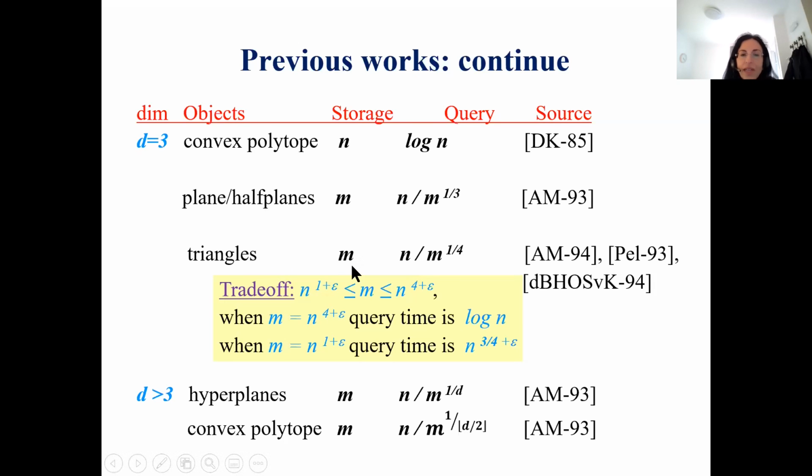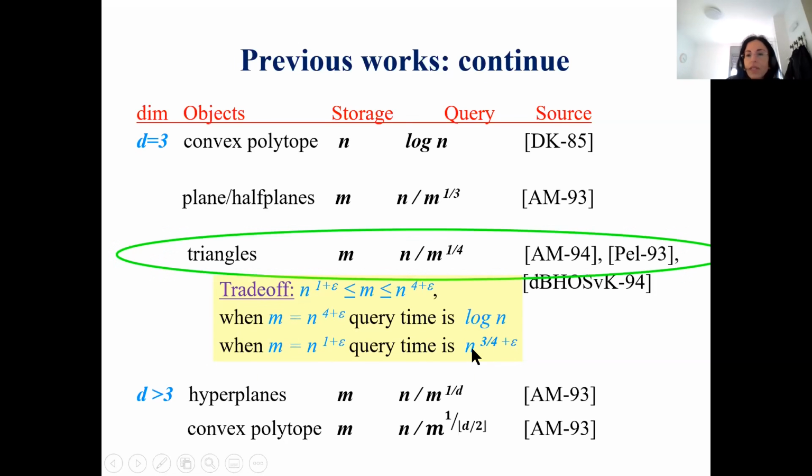The trade-off bound is m and (n over m) to the 1/4, where m runs roughly between n and n to the 4th. When m is n to the 4 plus epsilon, the query time is logarithmic. When m is roughly linear, the query time is n to the 3/4. So this is where we are putting our finger in this presentation.